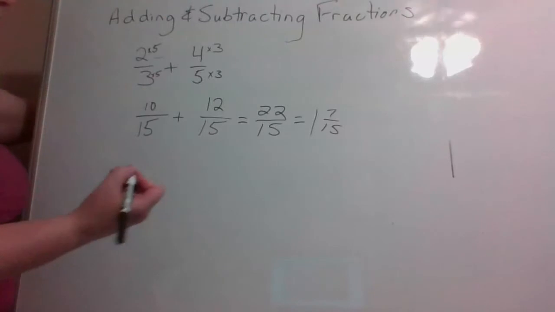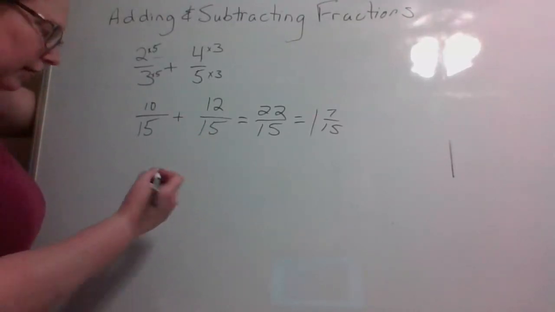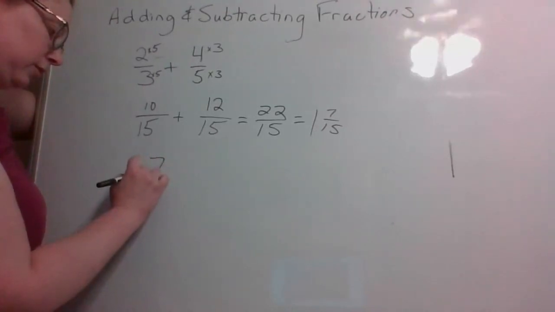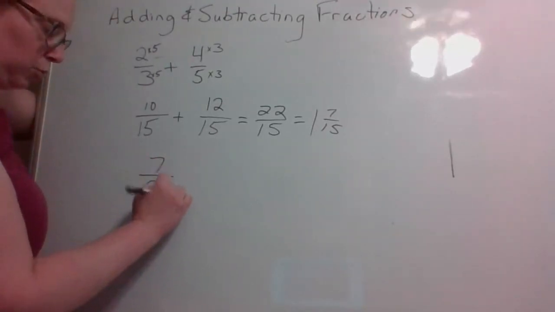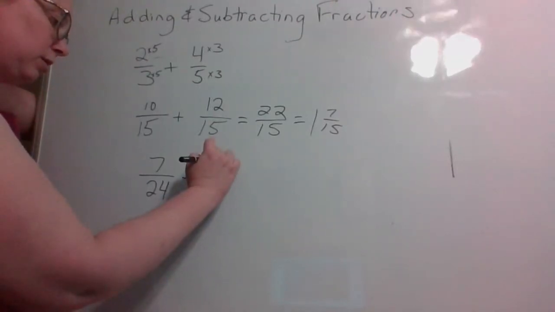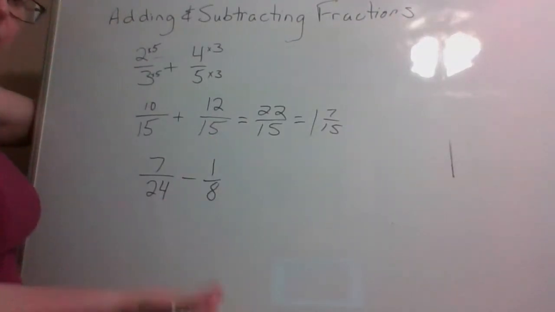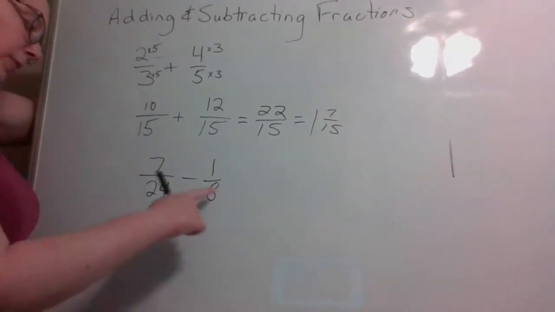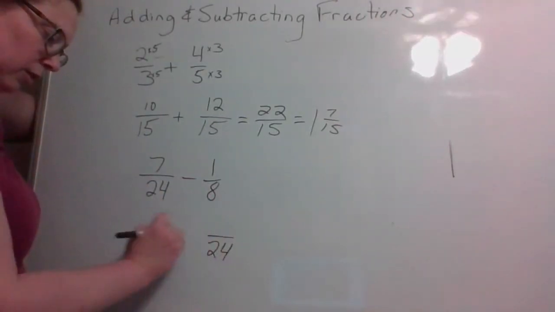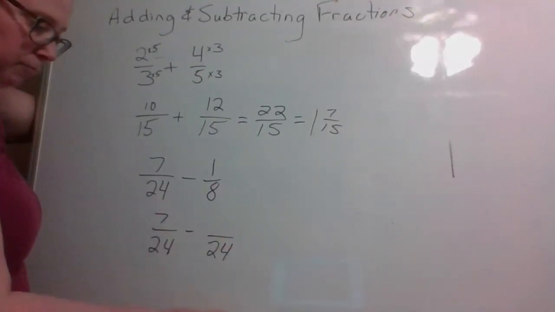Let's take a look at another one. If I had, say, 7/24 minus 1/8. So we need to find a common denominator, which in this case is 24. The first fraction stays the same.